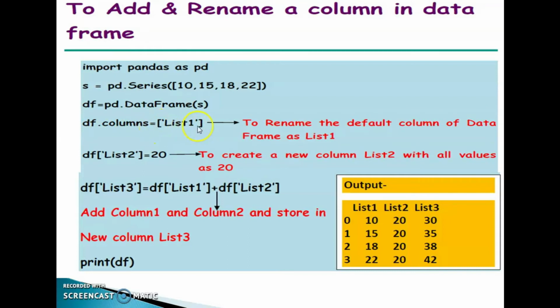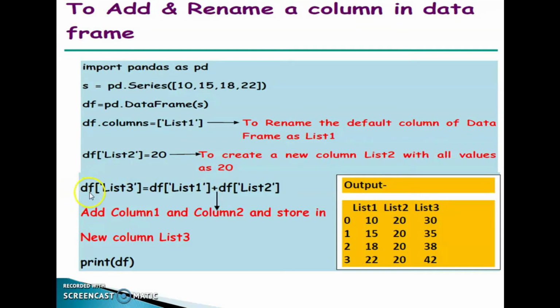Within the square brackets, I specified list 1. Okay, clear? Then df within the square brackets, I specified list 2, that is equal to 20. That means to create a new column list 2 with all values as 20.